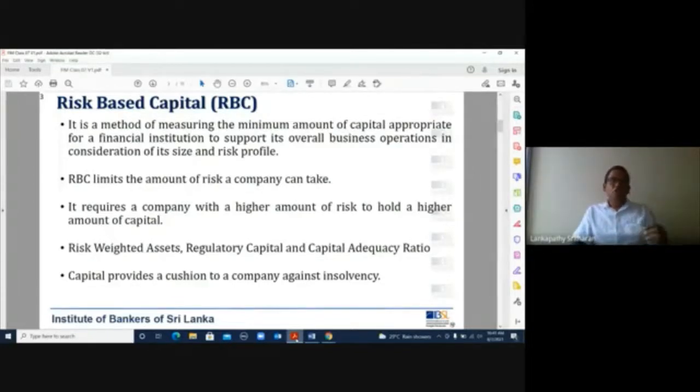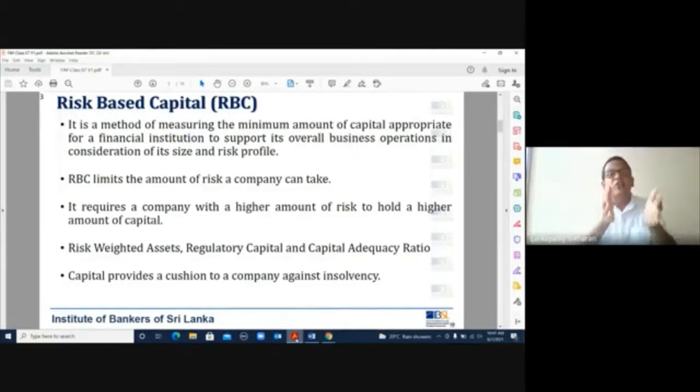Why are the regulators saying that banks and finance institutions have to maintain adequate capital? Because it gives an additional cushion or buffer to the finance institution. If any unexpected loss occurs, that loss will be absorbed by this adequate capital.